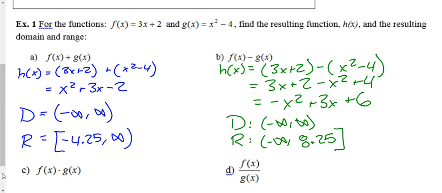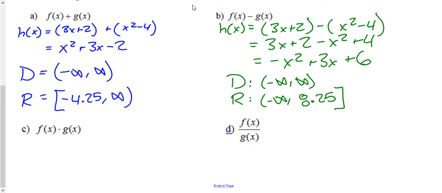For C, we're just going to multiply these equations. And again, be sure to use brackets when you're multiplying. So h of x is equal to, so what do we have? We have our 3x plus 2 multiplied by x squared minus 4. If you can't remember, this is a binomial times a binomial, so you'll have to use distribution.